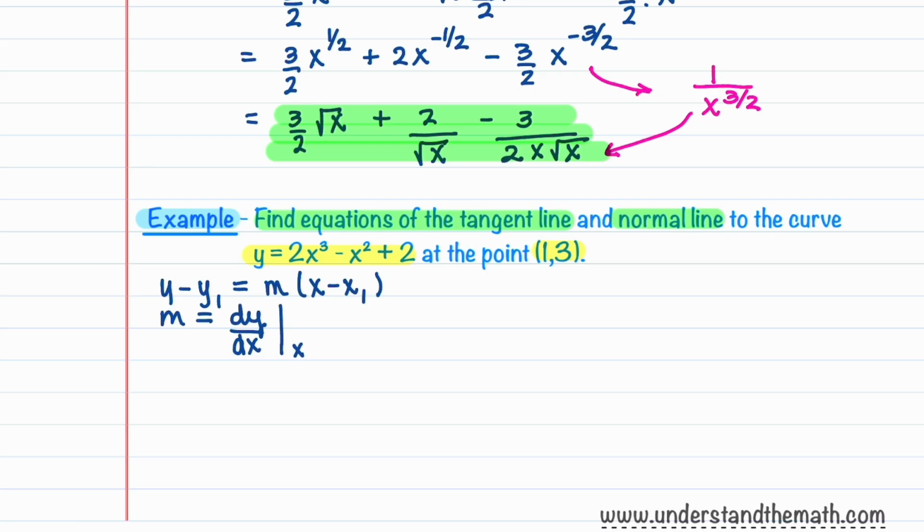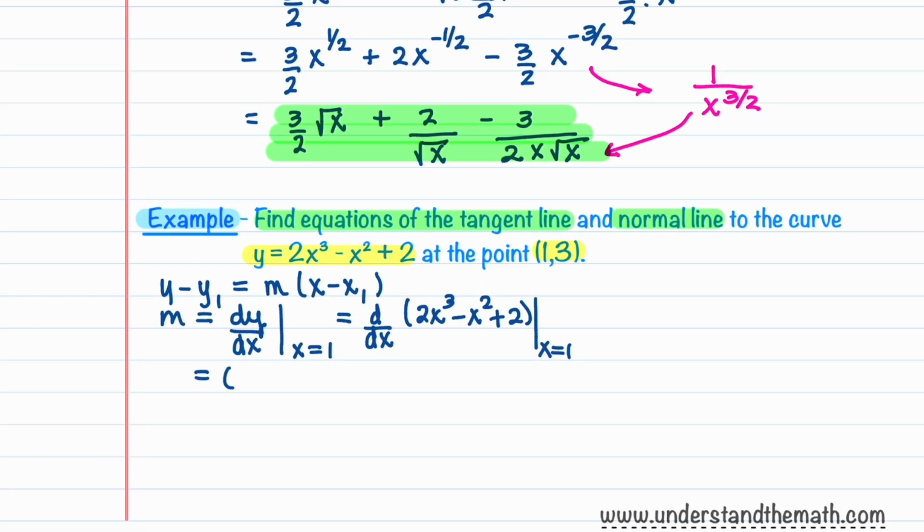So I'm just going to put down x is equal to 1. So what we're doing is we're finding the derivative at the point x is equal to 1. Let's write down what our derivative is. That is going to be the derivative with respect to x of 2x cubed minus x squared plus 2 evaluated at the point x is equal to 1.